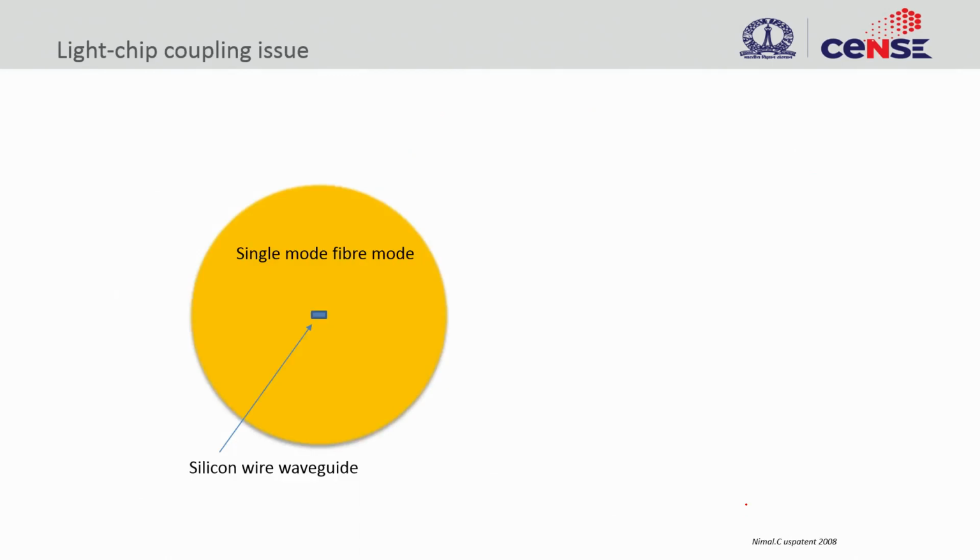The coupling is a serious problem. The reason is optical fibers are very large. We talk about a diameter of 125 micrometers, but our waveguides are very small, about 400 nanometers.